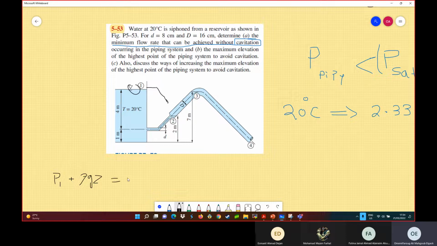And if you apply it at any point here, you have the pressure P2 plus half rho V2 squared plus rho g z. Now in this section, the velocity is constant, right? Because we have the same cross-sectional area. Q is equal to VA.